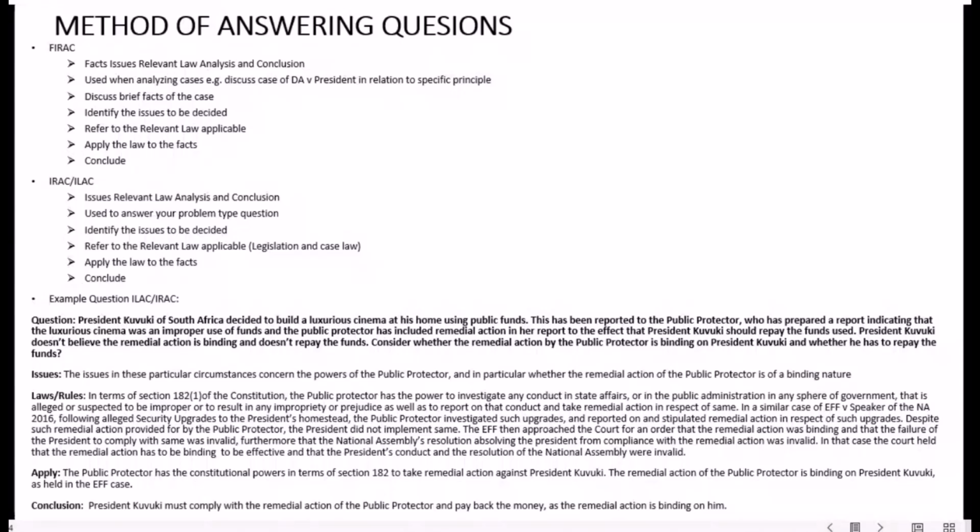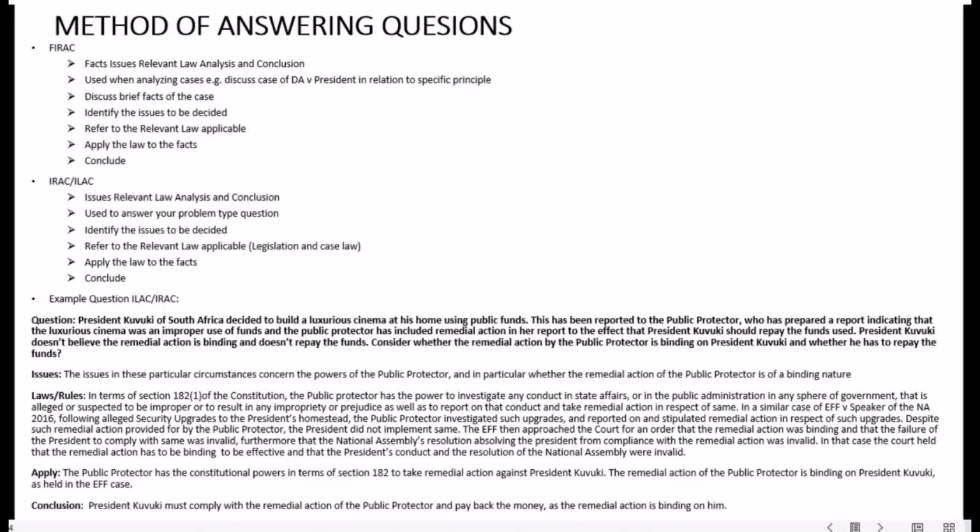And here, as I mentioned, colleagues, you can refer to any specific act, any case law, or any other sources of law that would be applicable. It's not just limited to those. But for constitutional law, as we always say, you'd usually refer to provisions of the Constitution and case law.